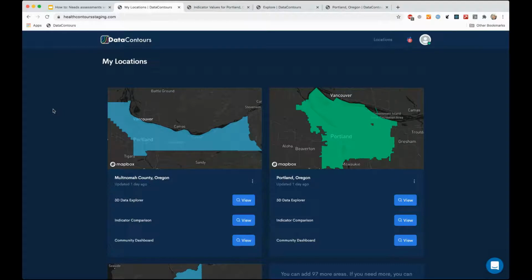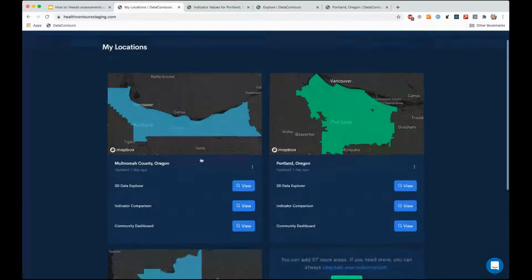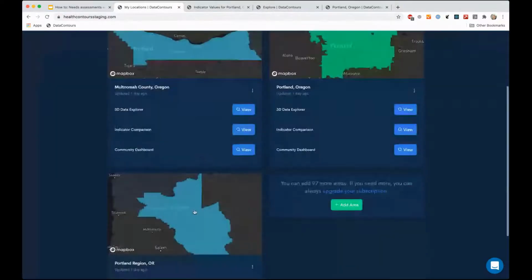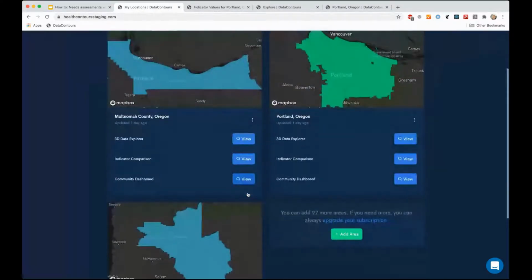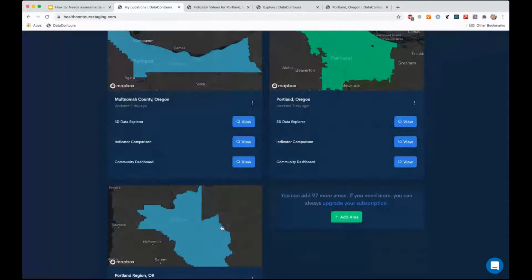And this can look like a couple of different things. Here we've got Portland, which is what we'll be spending a majority of our time on, but we also have Multnomah County, which is the surrounding county for Portland. We also created a region that is the 4 counties and the metro area. So this is the city proper, but this is the larger metro area.